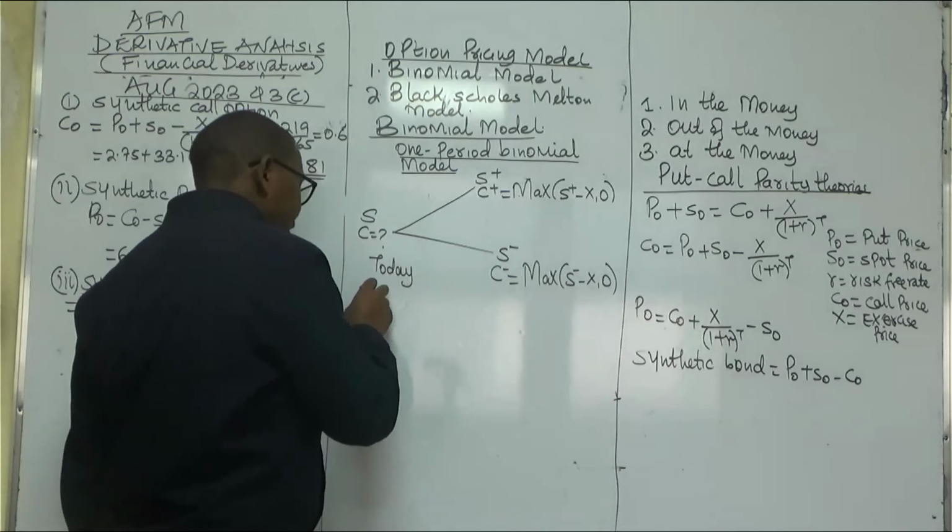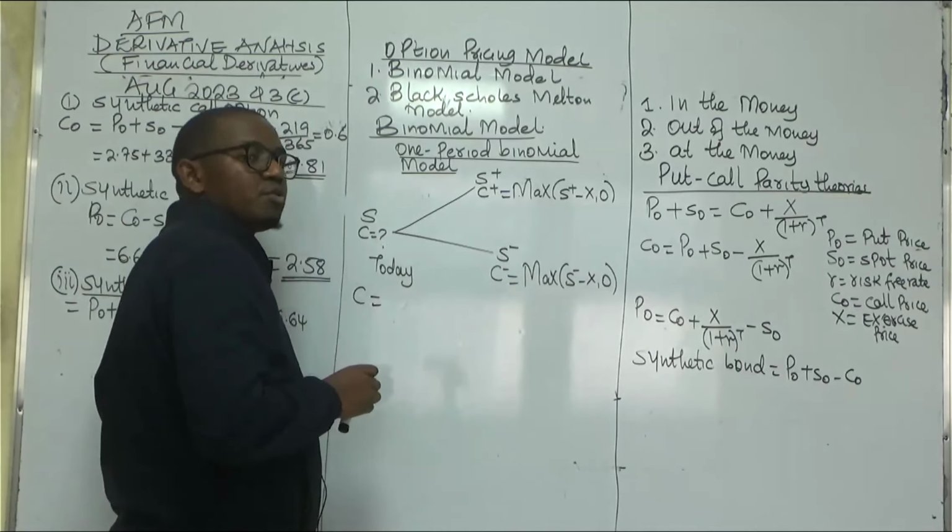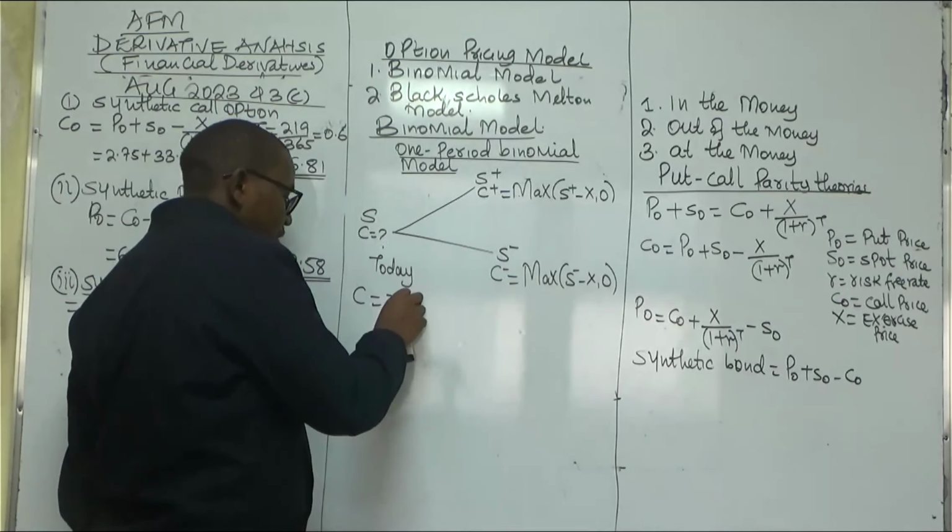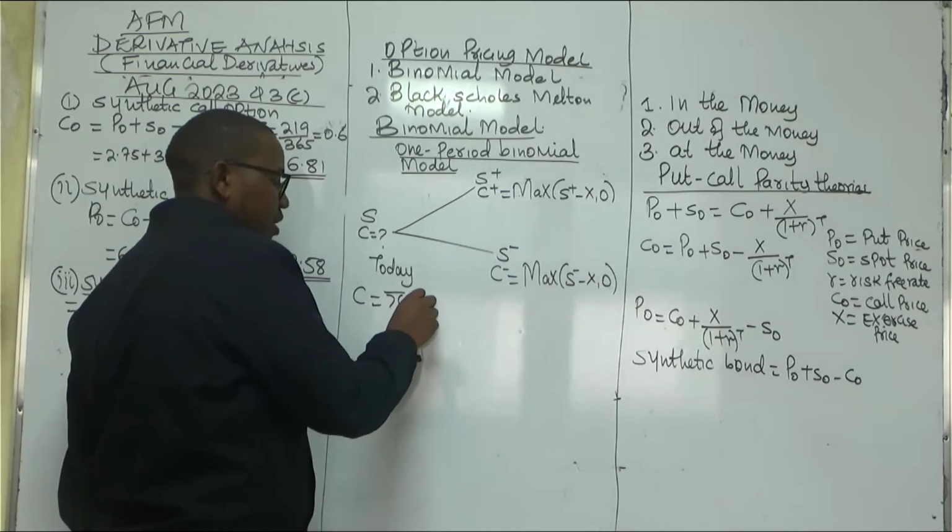If you want to get the value of a call option today, we use the risk neutral probability.